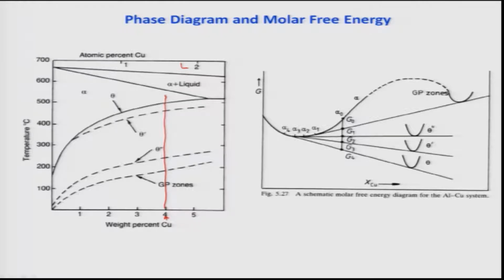As you know, copper, which is basically a solute here, will be dissolved nicely in the aluminum matrix, and it will form an FCC solid solution of copper and aluminum. That is what is alpha phase.